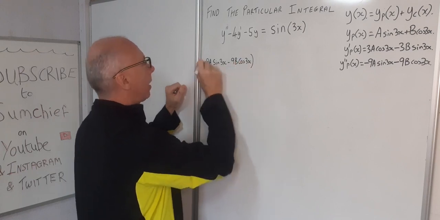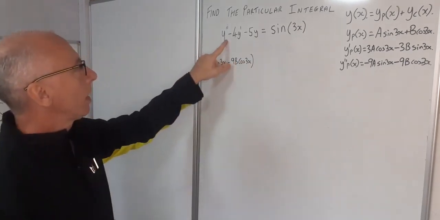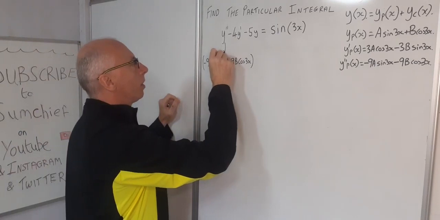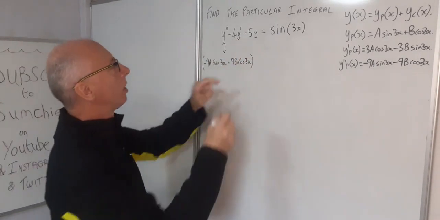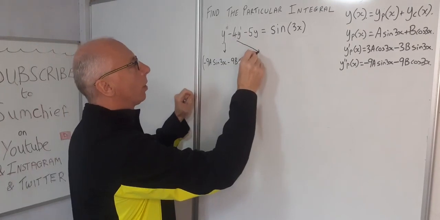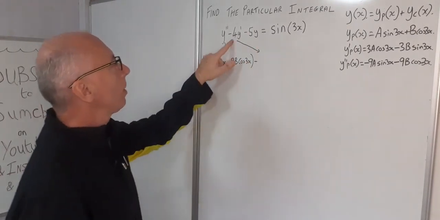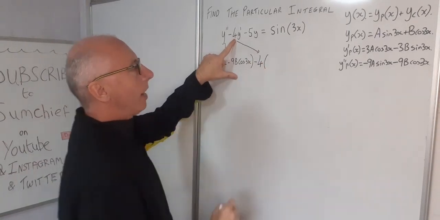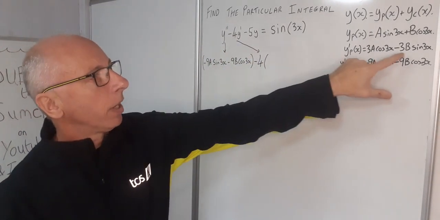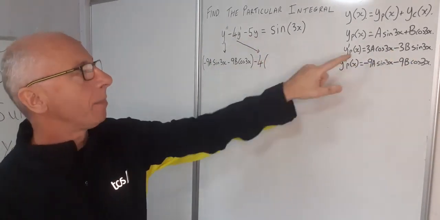Let me put that in a bracket so we can see that it equates to this term. I'll put a little arrow showing what we've done. Now we want this one, so we put an arrow there. We've got minus 4 as our coefficient here, and then we need to multiply that by this, which is our y prime.